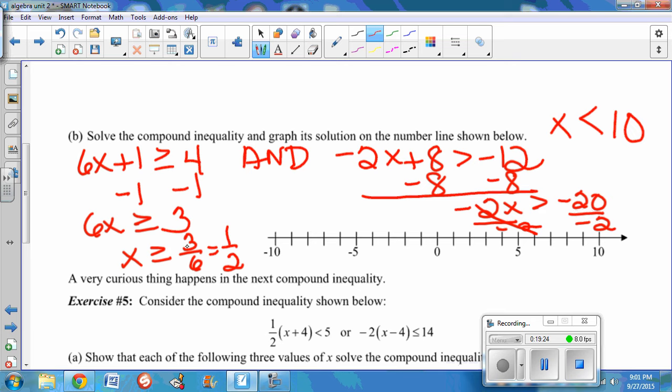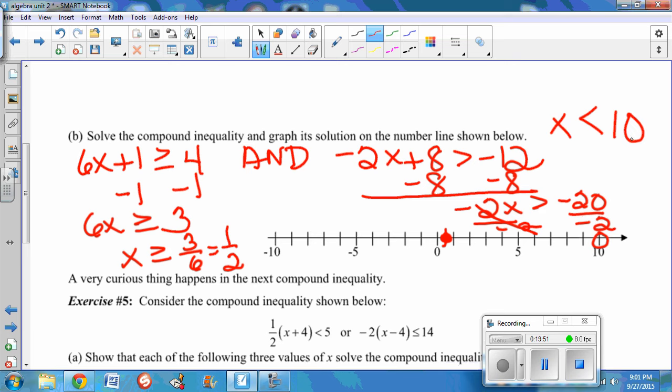So I go to my graph and I say, okay, it's an "and" inequality. Both situations have to be true. All the values of x are going to fall between 1/2, which is right here, and it's equal to, and 10, but it's going to be an open circle on 10 because it's not equal to, it's just less than.